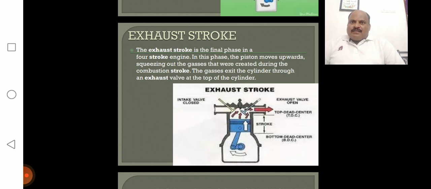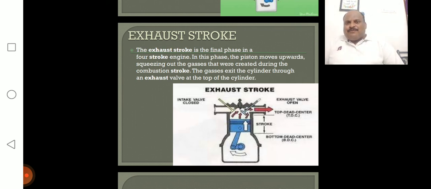In this phase, the piston moves upward. In the power stroke, the piston comes to BDC and the fourth stroke begins from BDC to TDC. The piston is moving BDC to TDC. When we look here, the piston moves upward, pushing out the gases that were created during the combustion stroke.